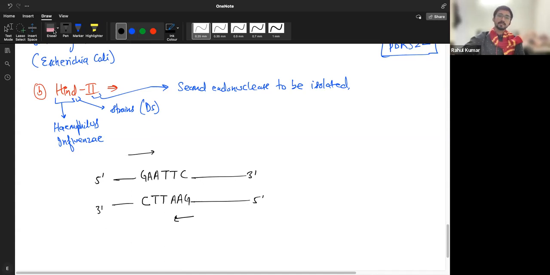So in both the strands, the benefit of recognizing a palindrome sequence is the way the enzyme cuts, which is very interesting. It does not make a clean cut like this. This way, cutting a DNA has no use. Like we cannot use it.